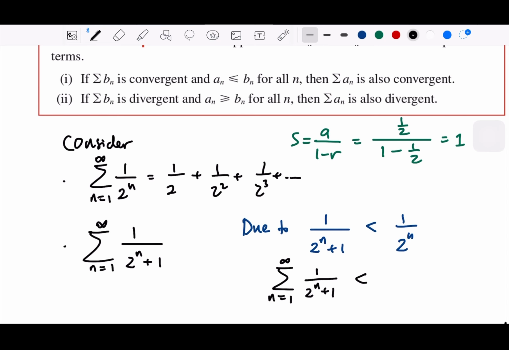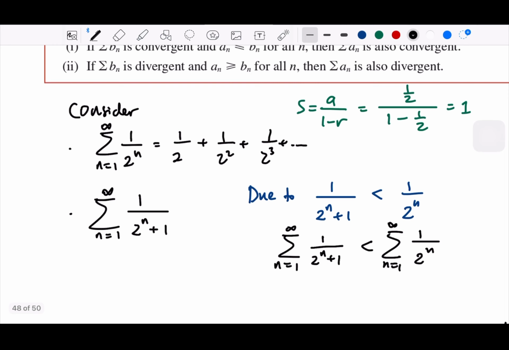So this is less than the sum, so the series is convergent by the direct comparison test.